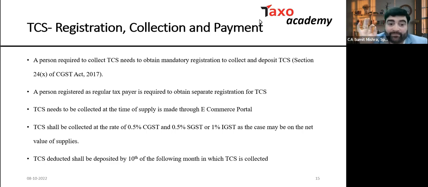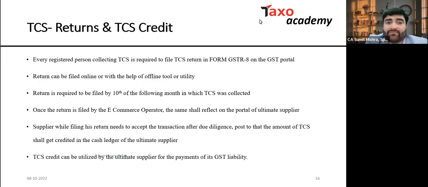TCS needs to be collected at the time of supply, irrespective of when the payment is received. Once you have collected at the prescribed rate of 0.5% and 0.5%, or 1%, as the case may be, you have to pay to the government by 10th of the following month, in which the TCS is collected from the value of the consideration of the supplier.